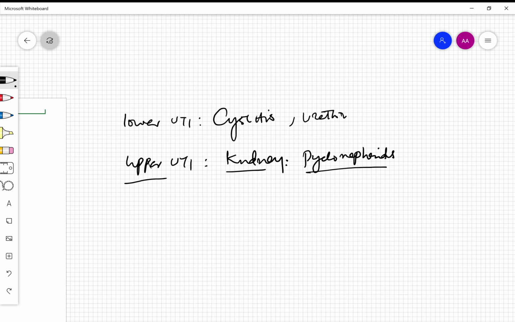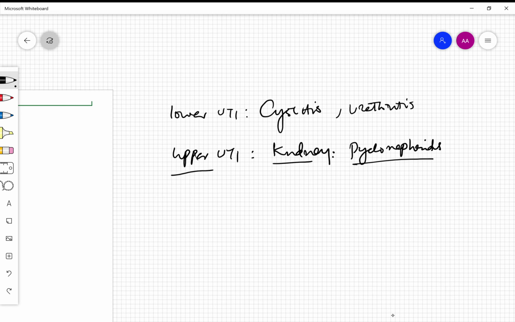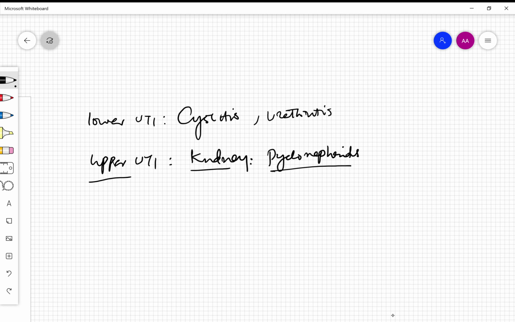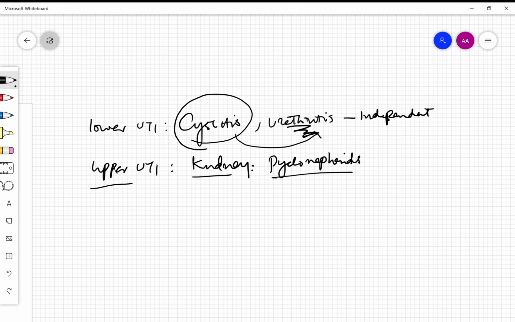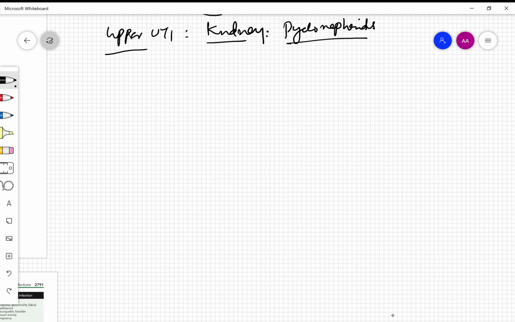Urethritis is considered as an independent entity, but with cystitis there may be some features of urethritis also, but it's usually an independent entity. Okay, another classification is simple and complicated UTI.